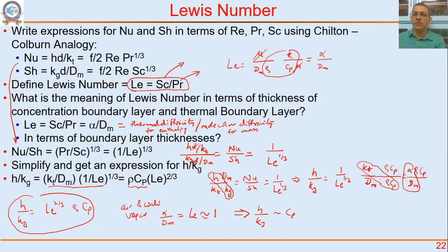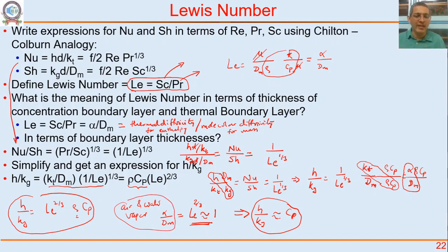Rho just takes care of the unit, because of the units of H and kg, and we have talked about humidity per unit mass, and therefore that rho is coming, right? This is valid only because Lewis number is almost equal to 1, or Lewis number raised to 2 by 3 is almost equal to 1. That happens only for air and water vapor.